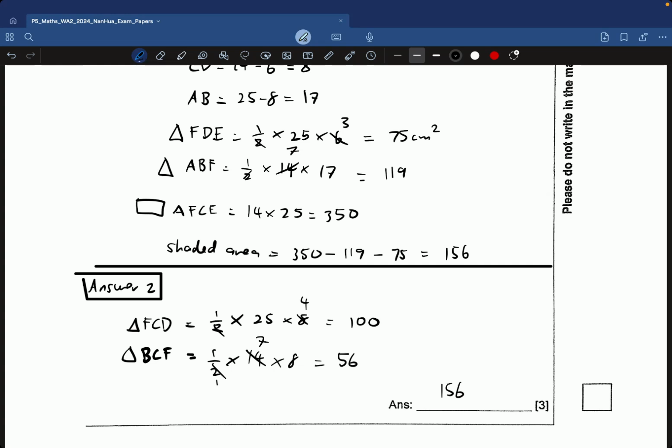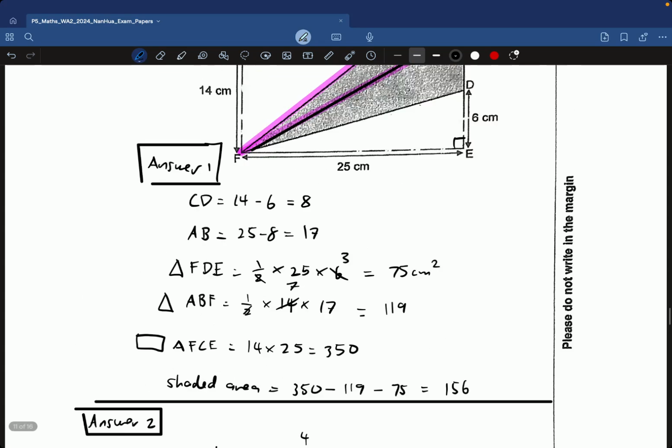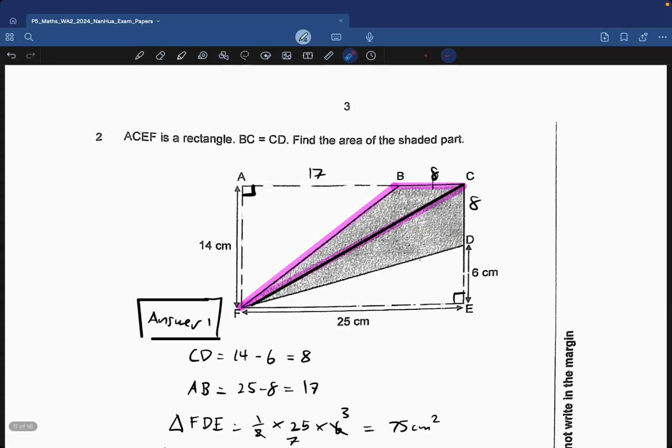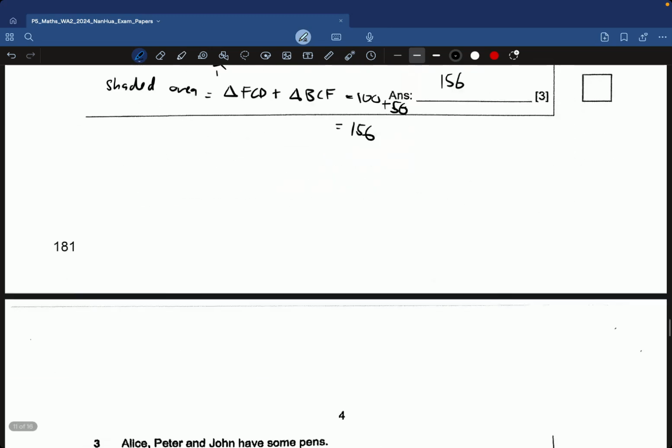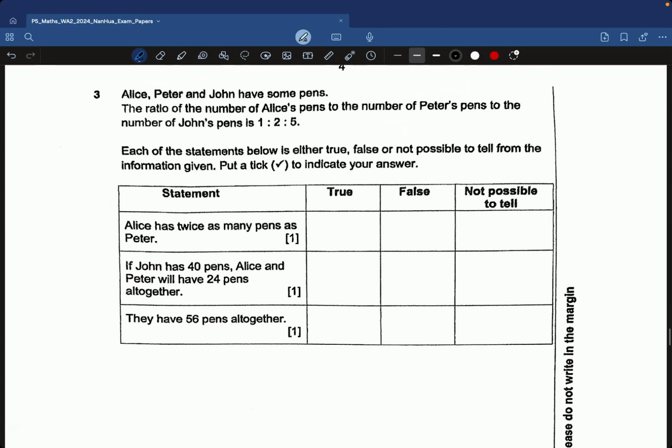So now the shaded area is basically the two triangles, which is equal to FCD plus FBC, right? And now we can just add them together. FCD plus BCF is equal to 100 plus 56, and this will be 156. Okay, so there are two answers for this. All right, let's move on to question 3.